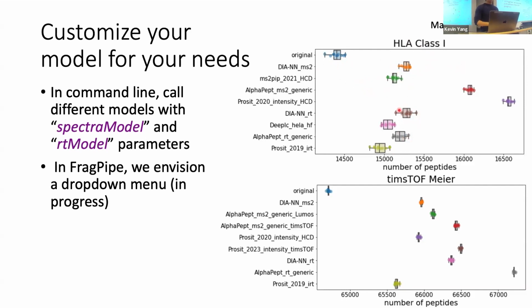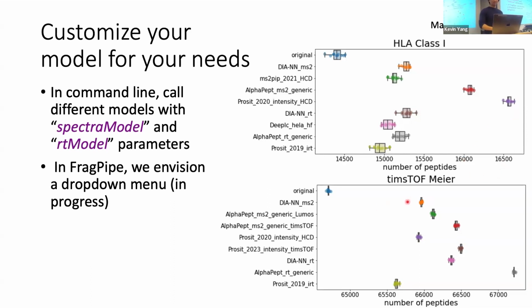But then if you swap in a different model, such as this PROSIT model over here, well, PROSIT was actually trained on a lot more HLA peptides, and they talked about the whole data set that they used. They did hundreds of thousands of synthetic HLA peptides that they sequenced and trained the model on. So because of that better data set, you get about 1,000 more peptides from this model. And so that's one use case.